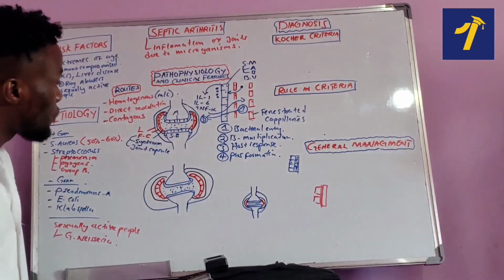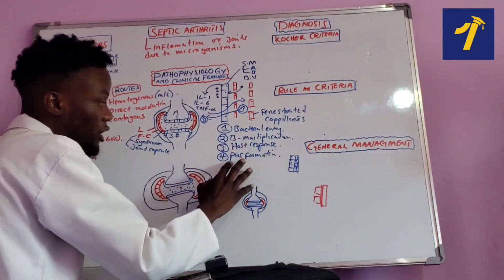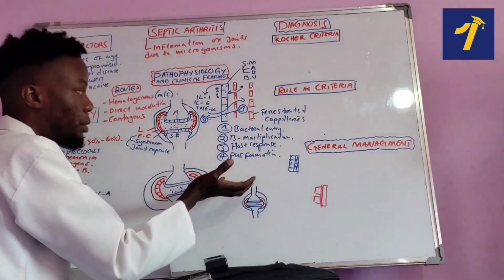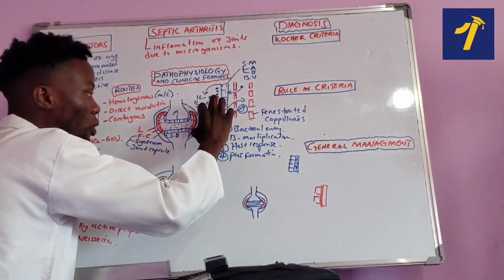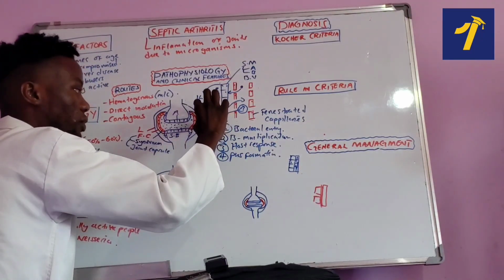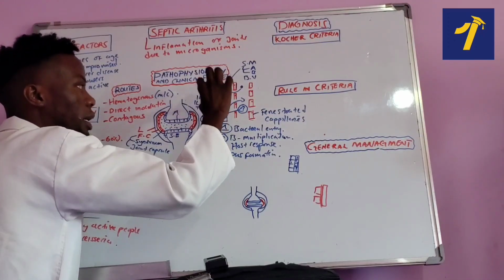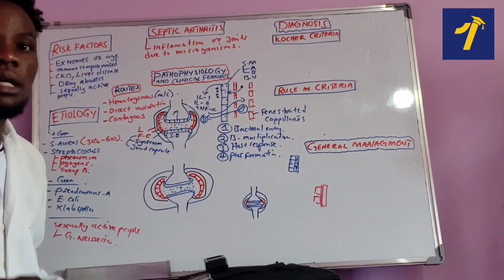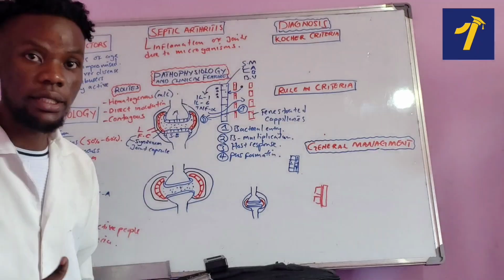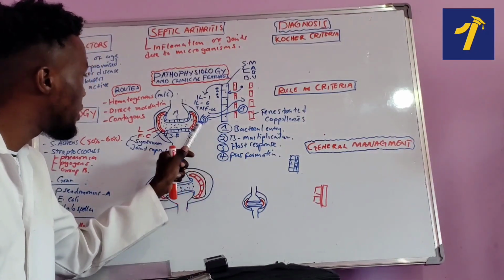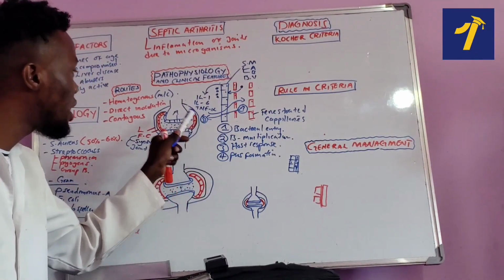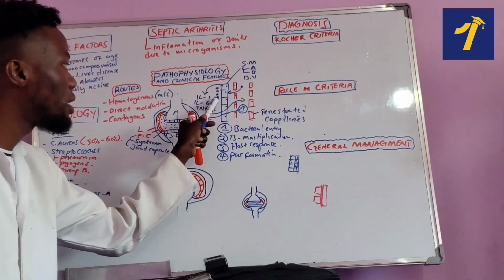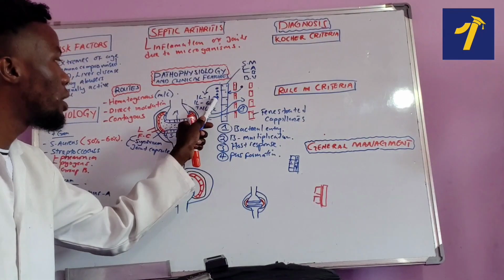Okay, now this pus formation, if you remember, pus comprises of what? White blood cells, the dead necrotic tissues there, and also maybe some fluid. That's what we call pus. So pus formation is as a result of what? These cells that have entered now, trying to fight against these foreign invaders, the pathogens.